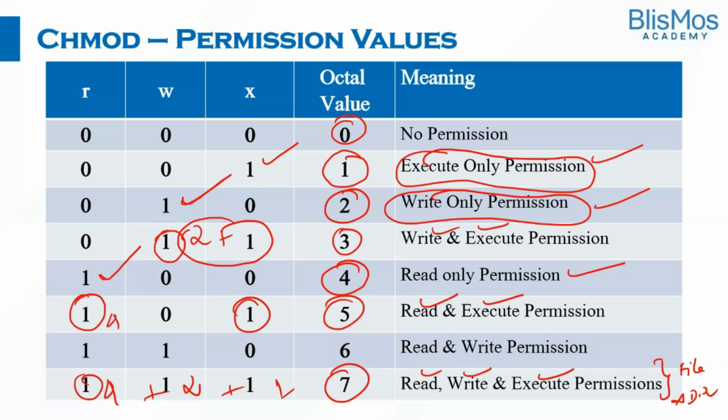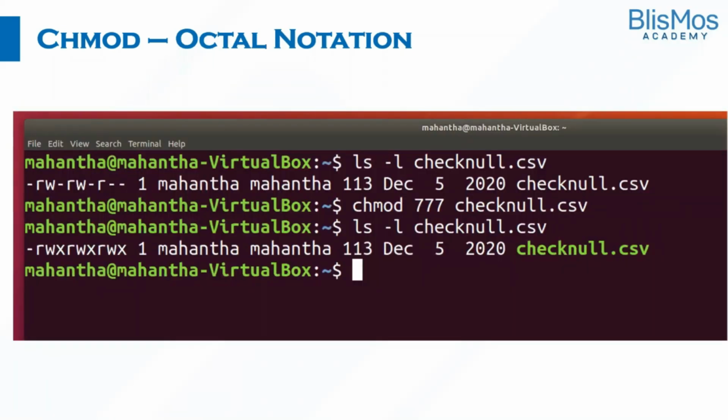Isn't it awesome? So yes, we understood the octal notation, but tell me how we can change the permission of a file. Let us see that now. It's very simple. If you look at this, when I said ls -l and the file name, we got these permissions. As we already understood, this means it is a file. These permissions are for the owner.